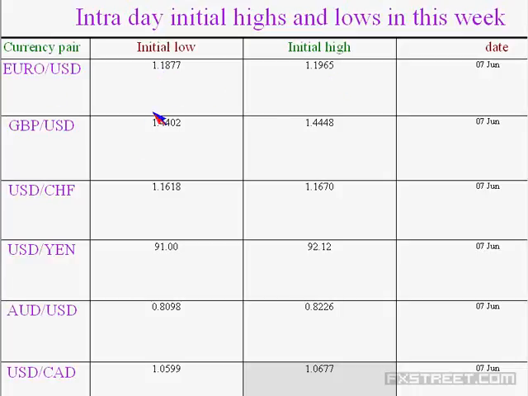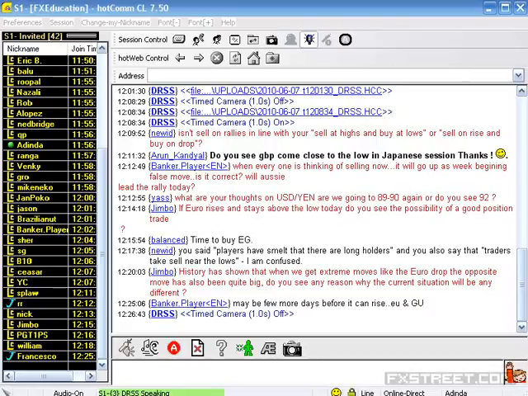Say for example, if I buy at 1.1877 and book profit at 1.1960 or 65, still it is a profitable trade. Similarly, if I sell at 1.1965, it is not breached, and buy near 1.1877, it's a profitable trade. So ultimately, we have to think of the profitable trade rather than worrying about the respective currencies. So let me minimize the PowerPoint presentation and take up the questions which are asked here.